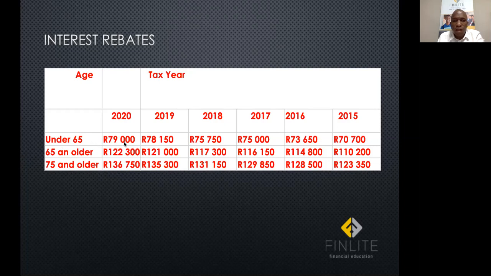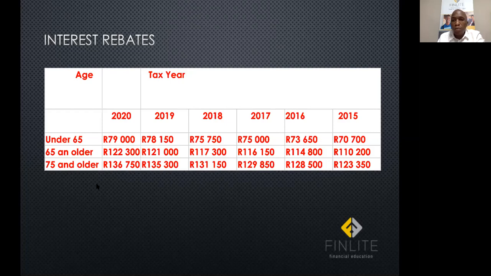So under 65 in 2020, that would be 79,000. That becomes your rebate after your taxable income has been calculated. Then 65 and older, it's 122,300. And then 75 and older, it's 136,750. So those are the rebates that you get based on your age.